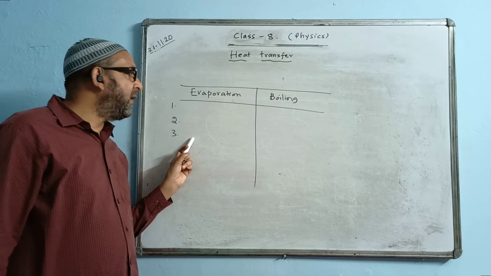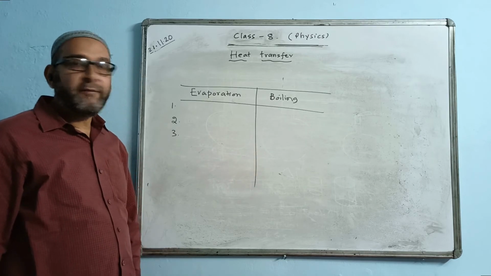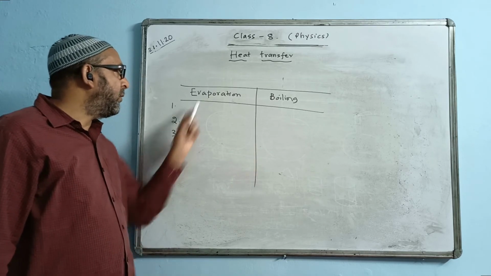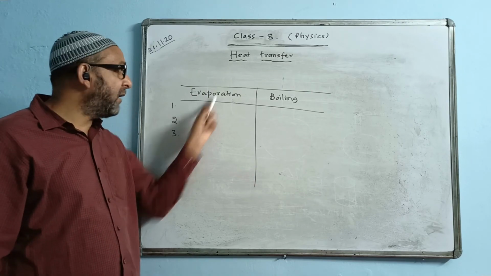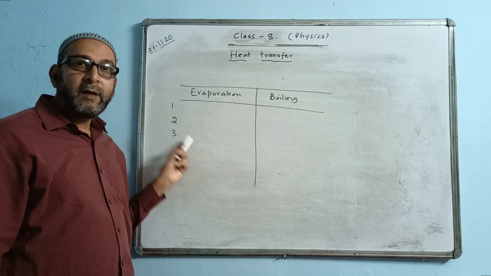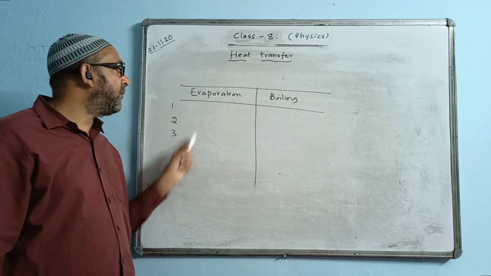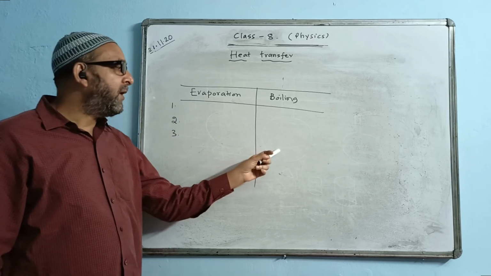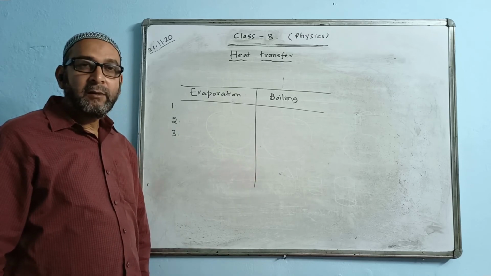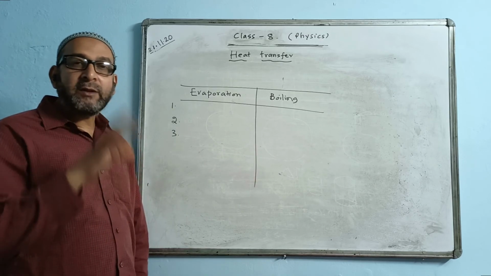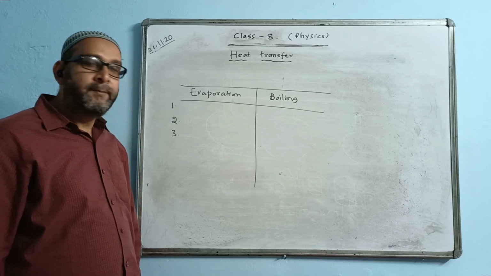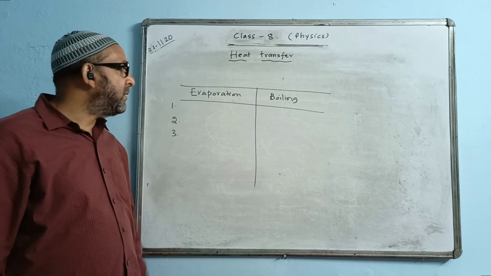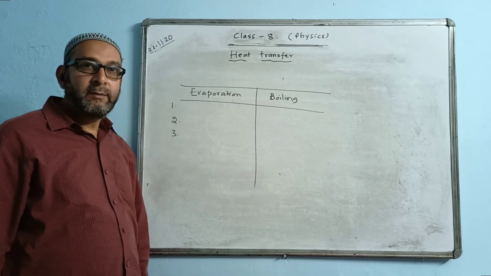Boiling does not bring any cooling effect. Number 4: evaporation takes place only from the surface of the liquid, so it is a surface phenomenon, whereas boiling takes place throughout the entire mass of the liquid. These are the points of differences.